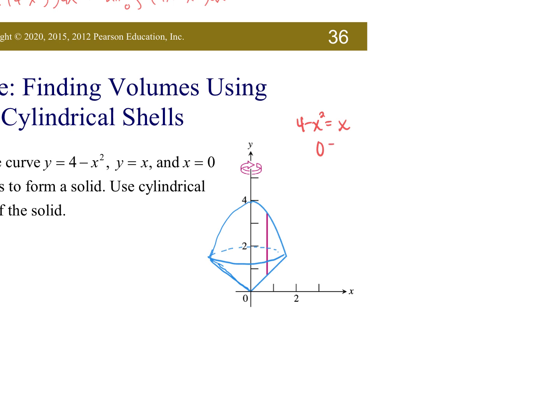Because that's a quadratic, it would be x squared plus x minus 4. This does not factor nicely.